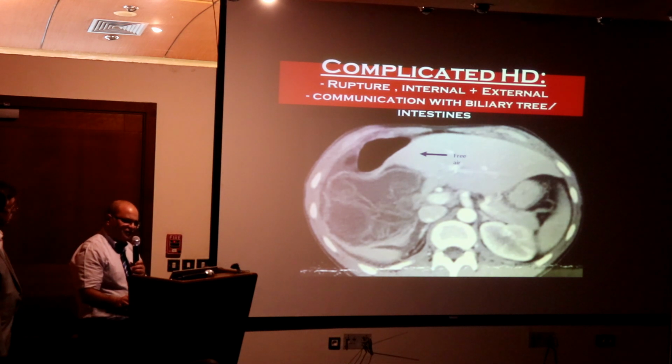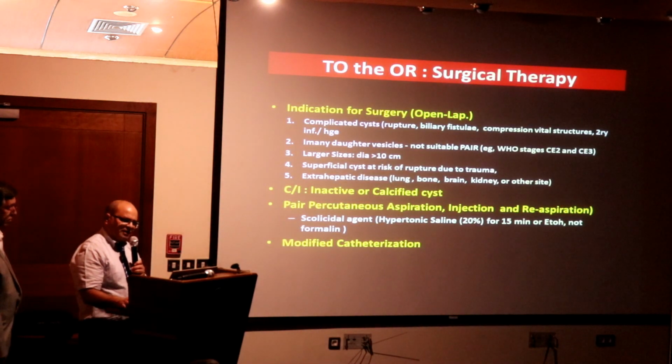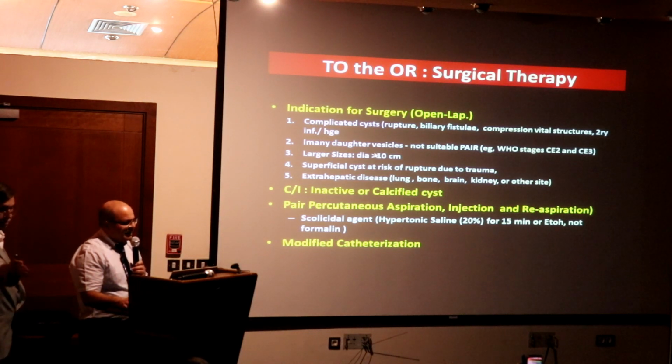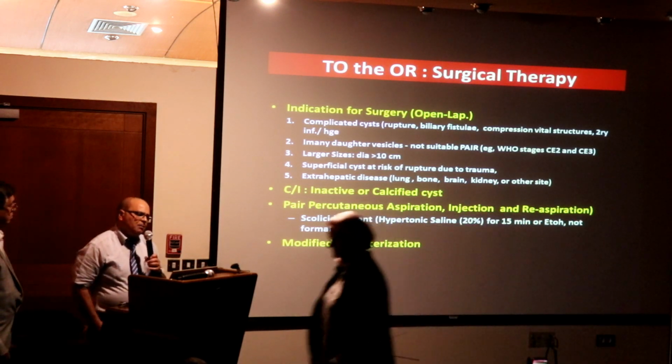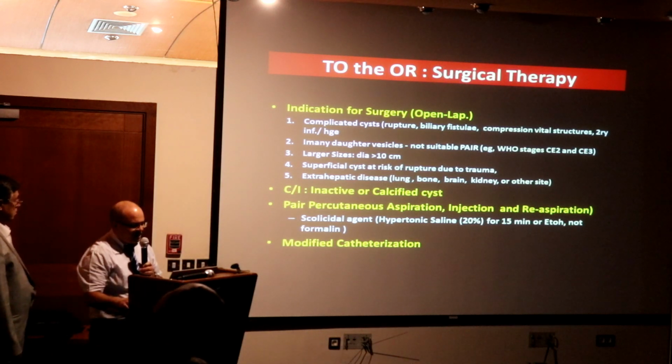It's never good to find free air in the abdomen, right? And this probably was due to rupture internal and externally, and communication with the biliary tree or the intestines, which is a complication that calls for surgery. So these cysts can rupture and cause biliary fistulae or compress vital organs. In cases where there are many daughter cysts, it is preferable to do surgery rather than to aspirate through PAIR.